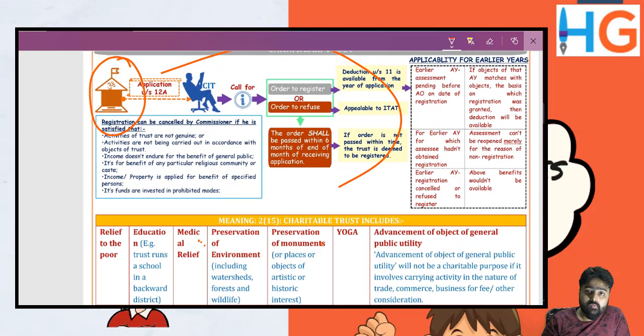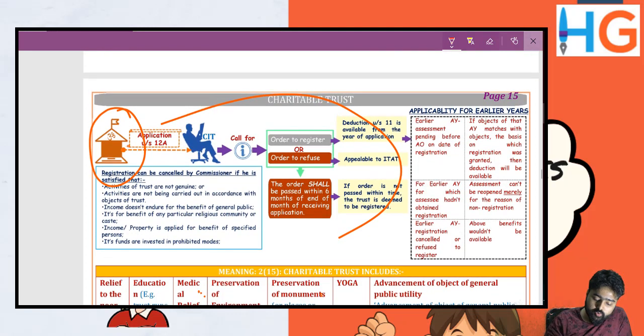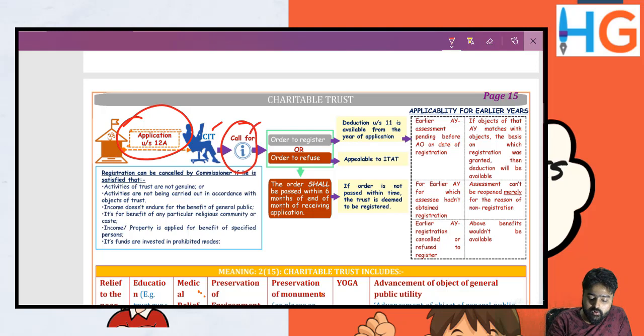Now to claim an exemption, the trust needs to register with the CIT. So it will apply under section 12A to the CIT. The CIT may call for information, and after calling for information, he may order either to register the trust or to refuse the registration of the trust.